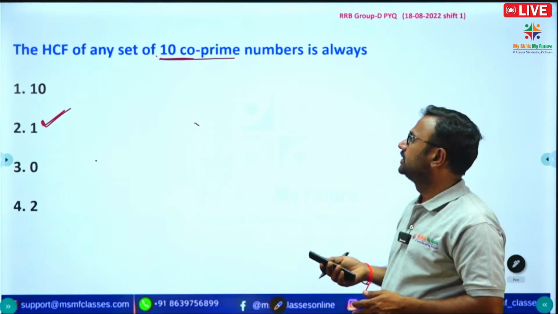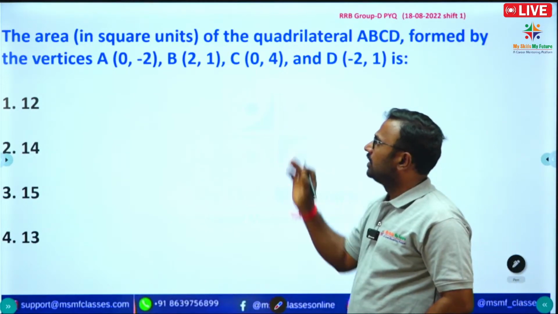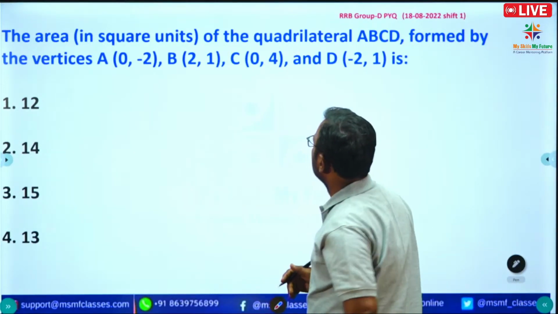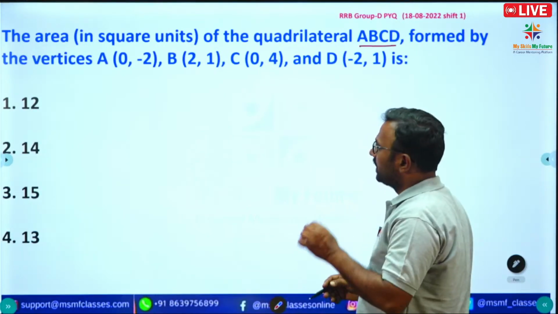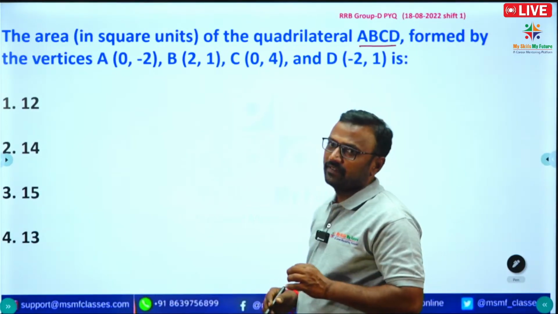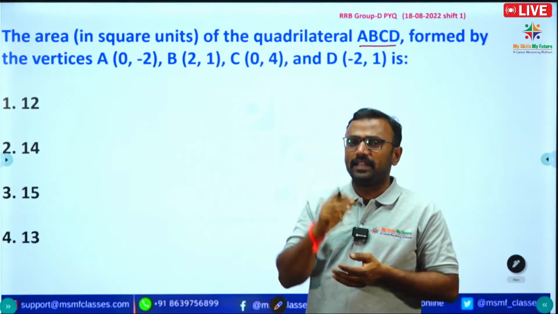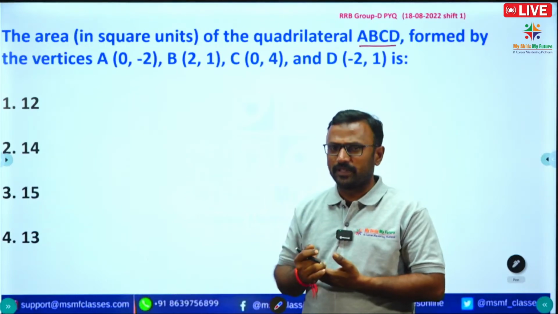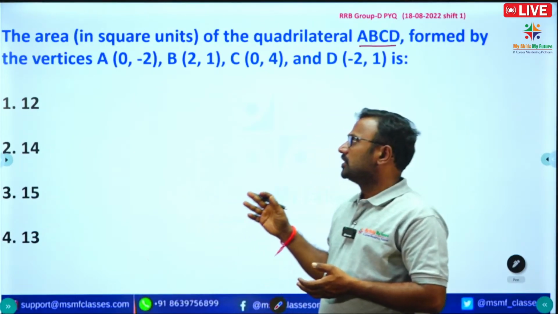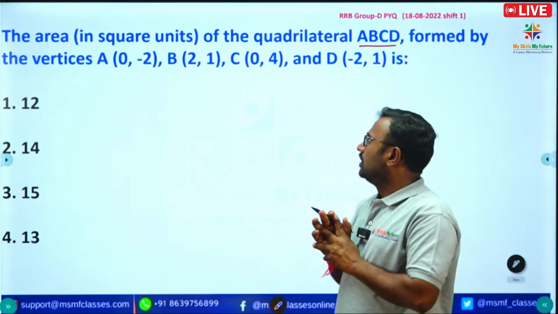See the question: the area of quadrilateral ABCD formed by the vertices. We see questions to find the area of a triangle, a square, or some other polygon. Here they have given the vertices of the polygon.